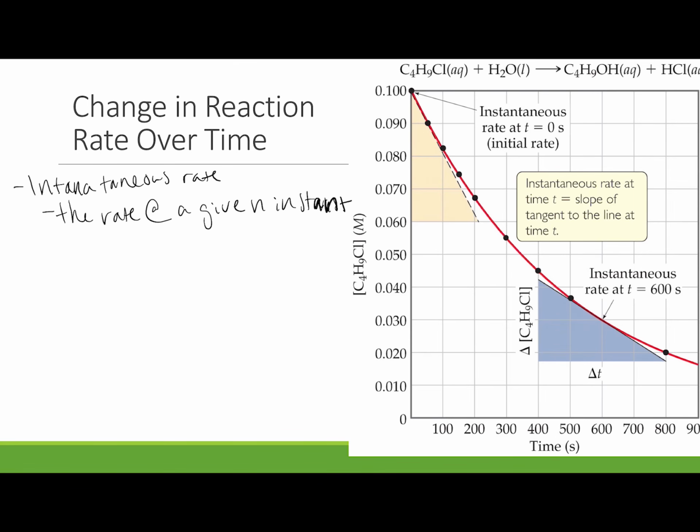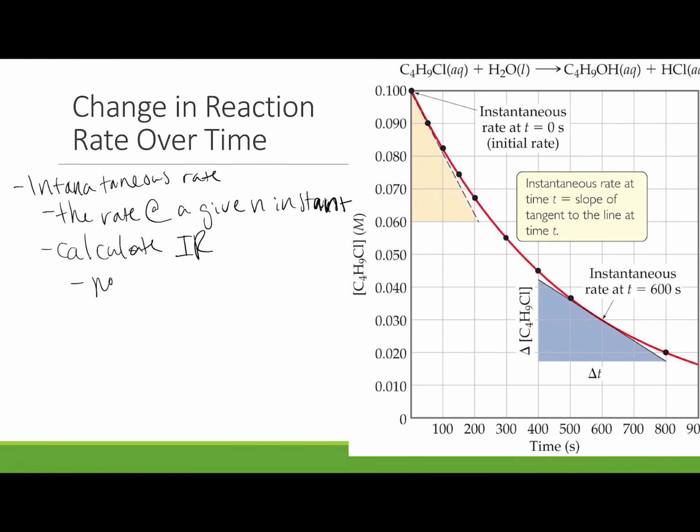And this is almost always how rates are actually expressed, is as instantaneous rates. To calculate an instantaneous rate, you need a concentration of reactant versus time graph, as we have over here on the right. And we need to do a tangent line at a specific point.